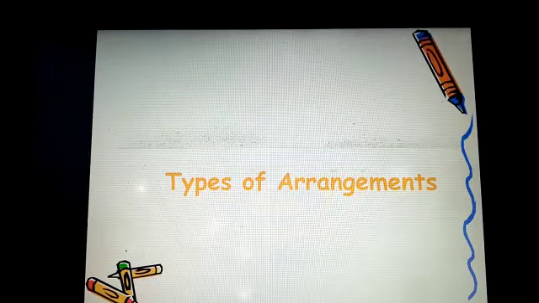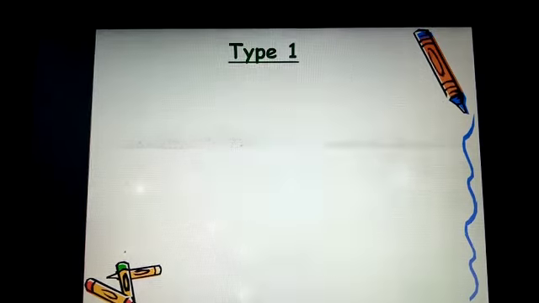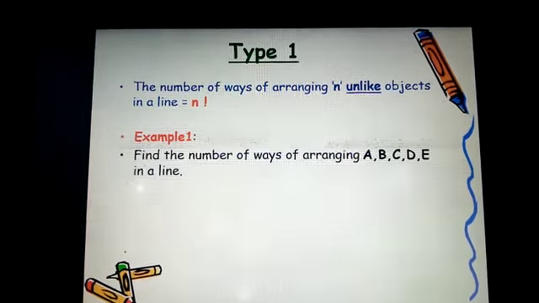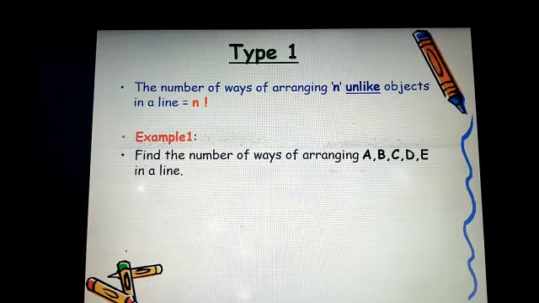Let's look at some types of arrangements. Type 1. The number of ways of arranging n unlike objects in a line is given by n factorial. So if you have 10 unlike objects, 10 factorial; 20, 20 factorial. For the first example, we have A, B, C, D, E. Going by the counting method, you create 5 slots.